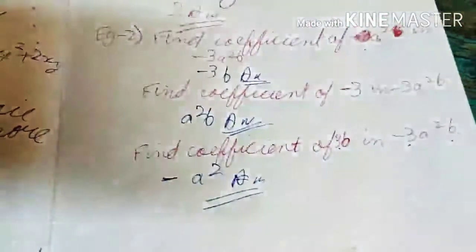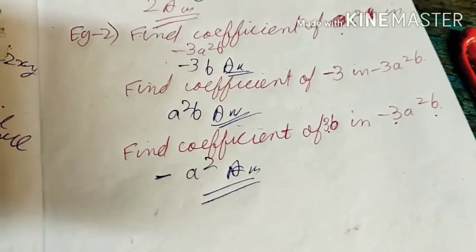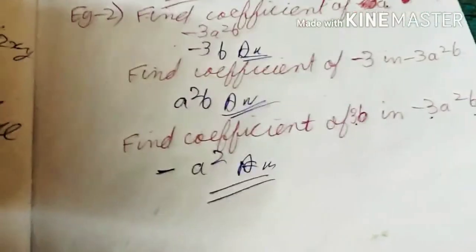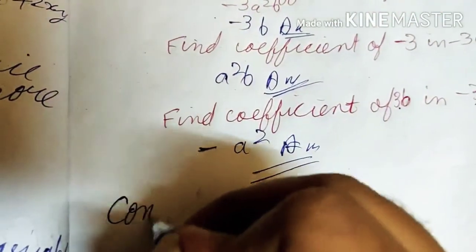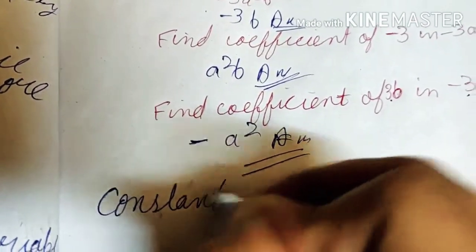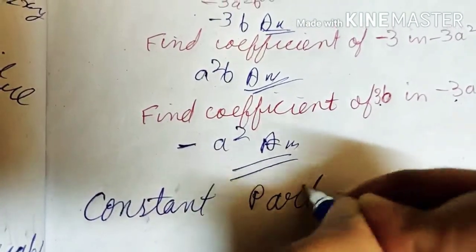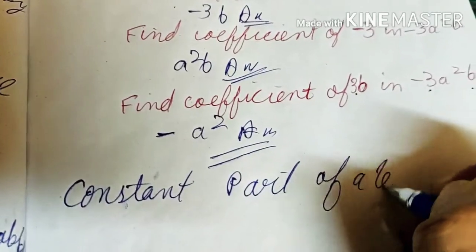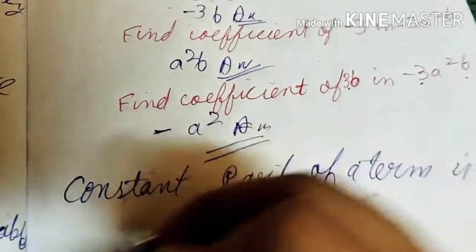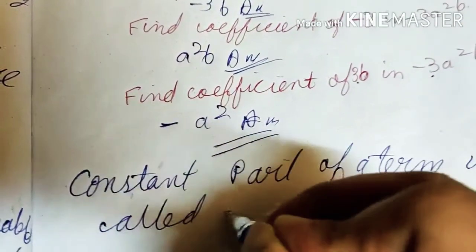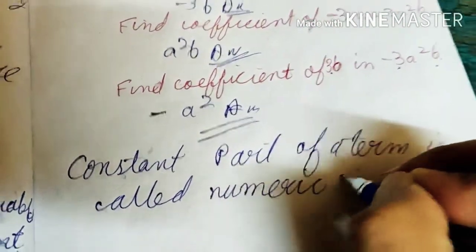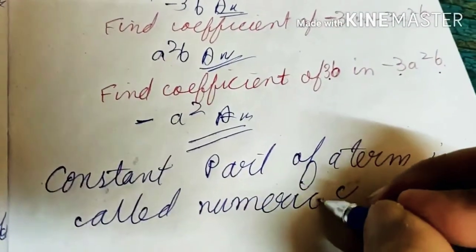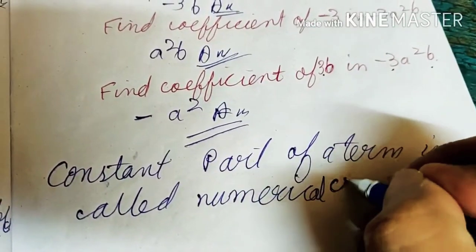Okay, and it has one more part in it, that the constant part of a term is called numeric coefficient. Okay, numerical coefficient.